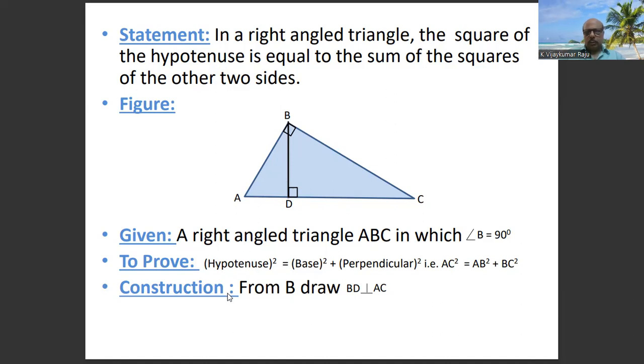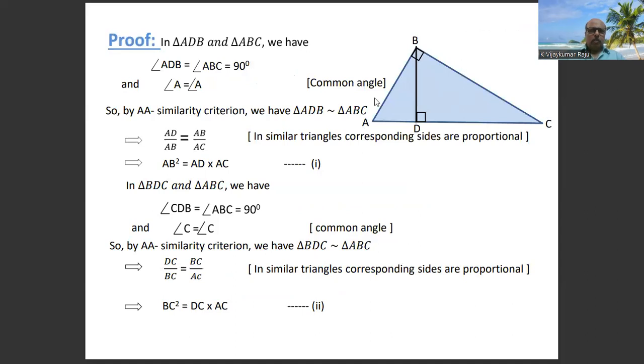Now after the construction, you know that is the proof. First I am taking the small triangle ADB and the full triangle ABC. In triangle ADB and triangle ABC, angle ADB is equal to angle ABC is equal to 90. That means this angle is 90 and this angle is also 90.